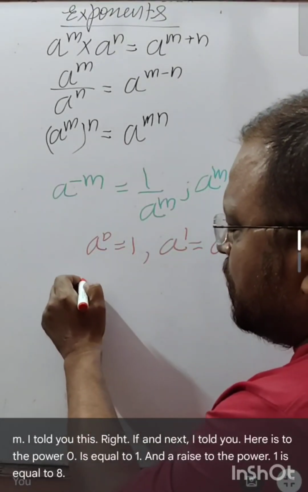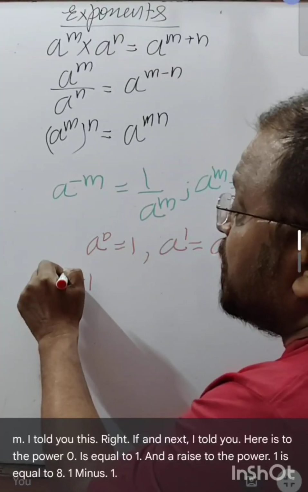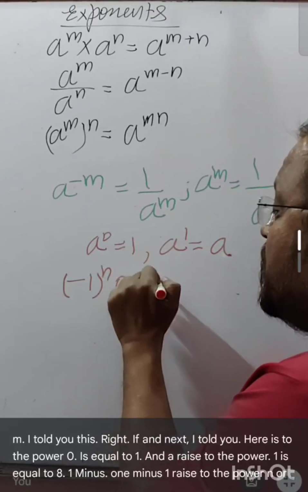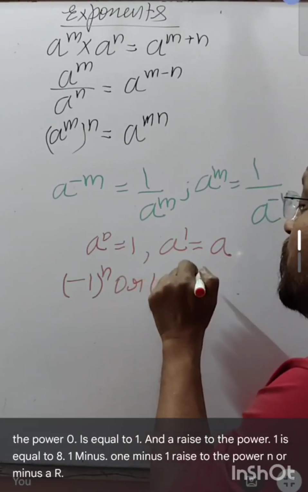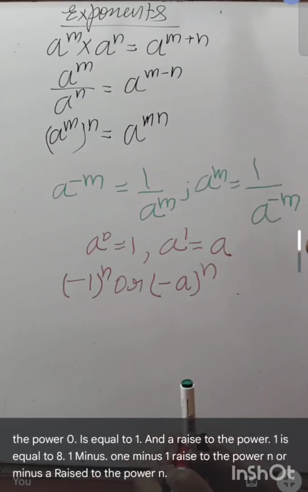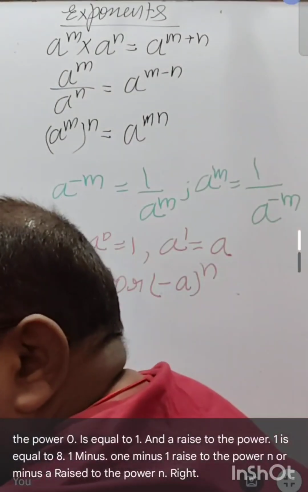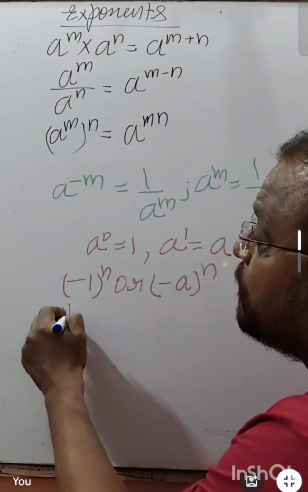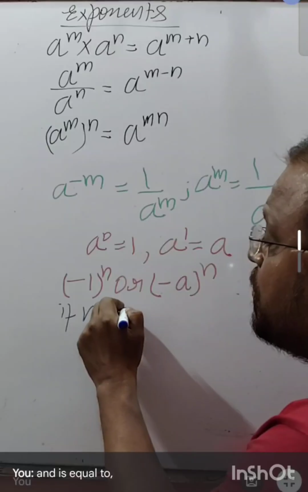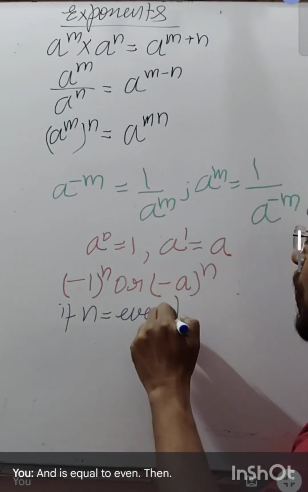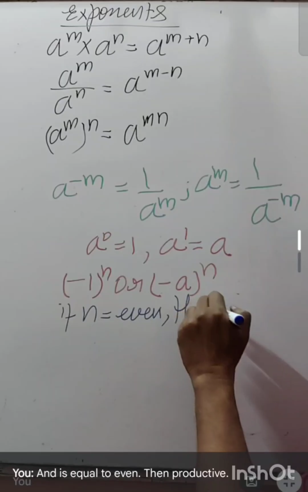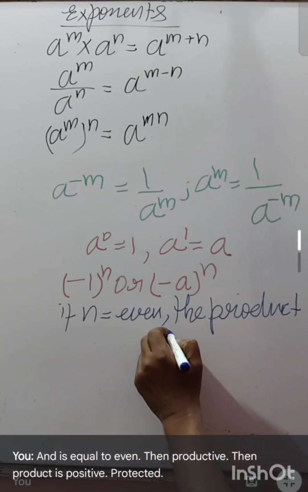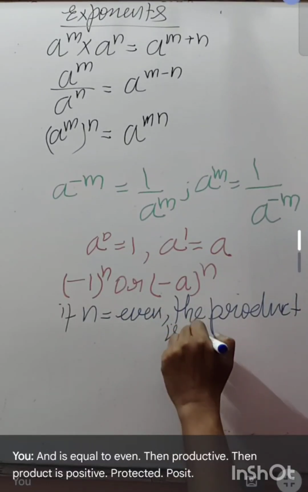Minus 1 raised to the power n, or minus a raised to the power n. If n is even, then the product is positive.